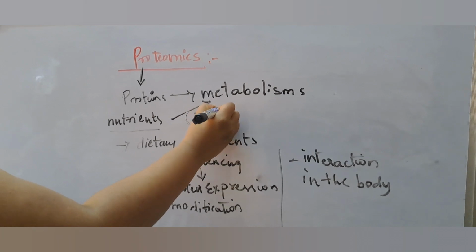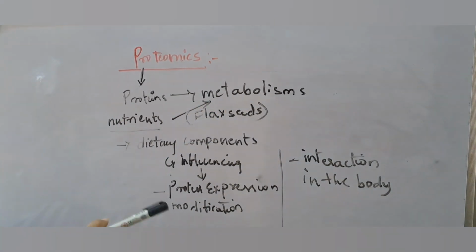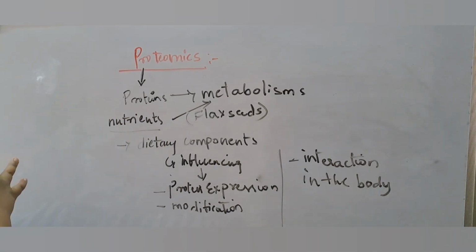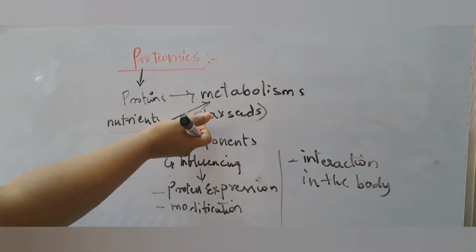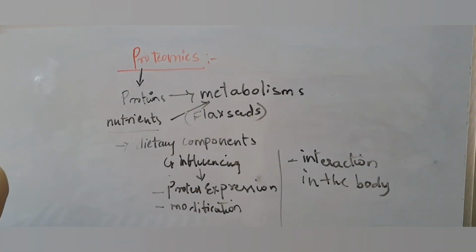Flax seeds and chia seeds are enriched with omega-3 fatty acids. You are taking this for weight loss, and you introduce it into your body through any food item, through powders or anything.